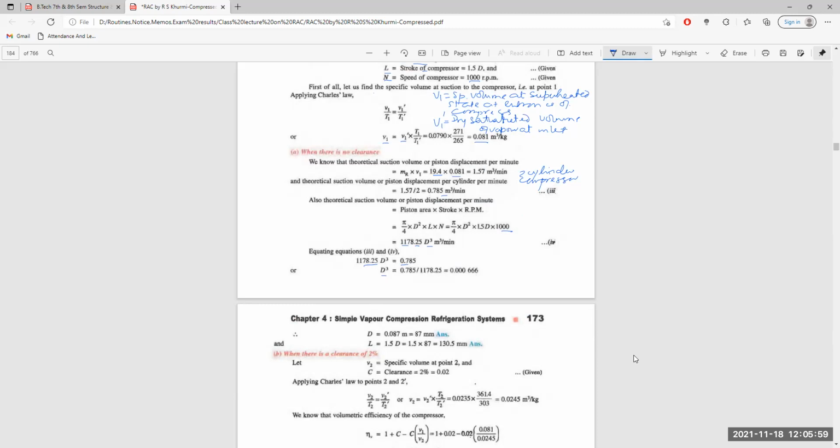This is d cubed, and d will be 0.087 meter or 87 millimeter itself, and the length will be equal to 1.5 d, that is 1.5 times 87, which is 130.5 millimeter itself.